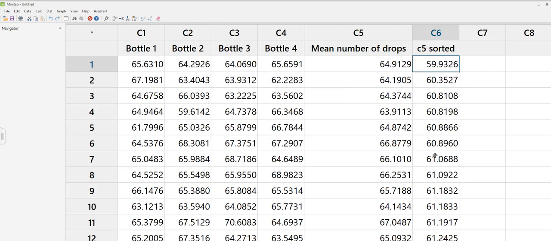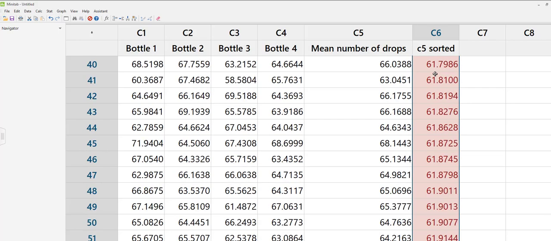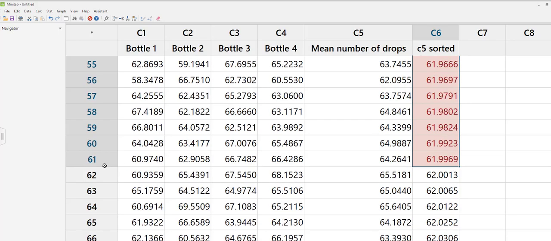All right. So here they are, and we can now notice that the number of samples with contents of less than 62 drops is how many? 61 out of 10,000.